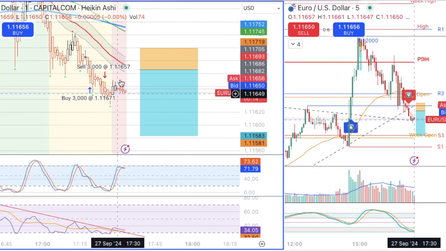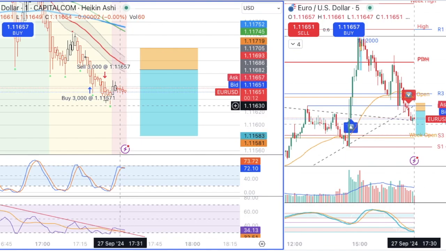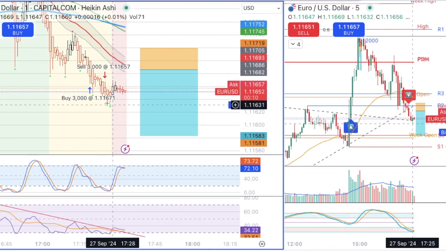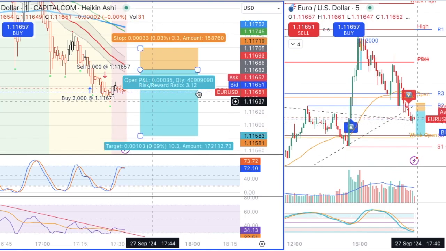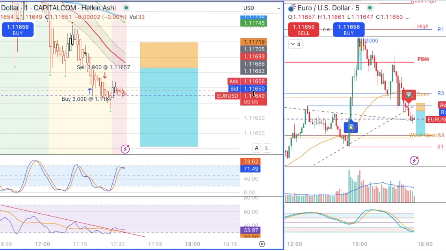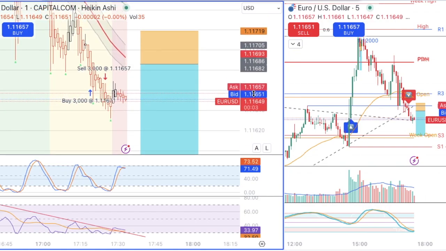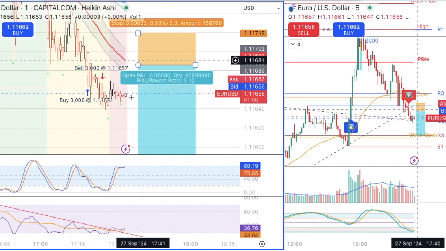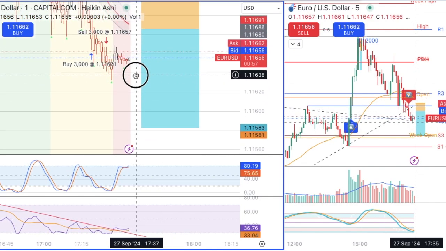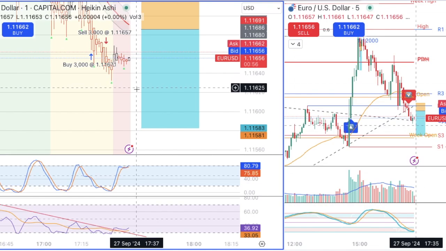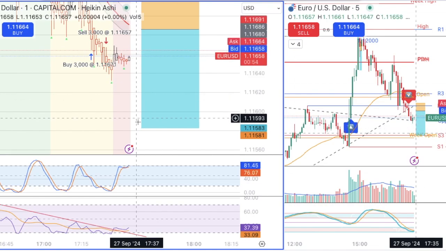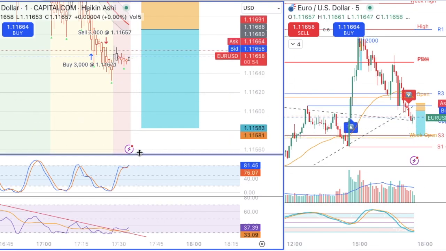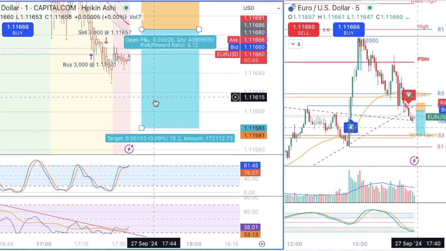So if it's not gonna come up here, I'm not gonna take this trade, because the only way to be sure of what's going on is I have to wait for this low to be taken out here to be sure it's not gonna go upwards. But from here, yeah, plus the spread, I don't know, there's not really that much room left.